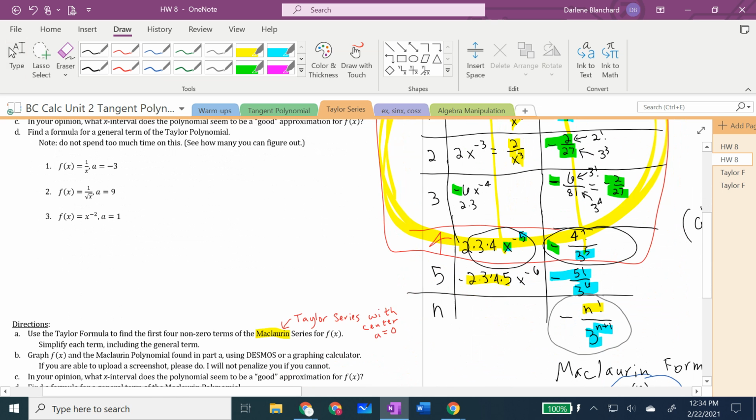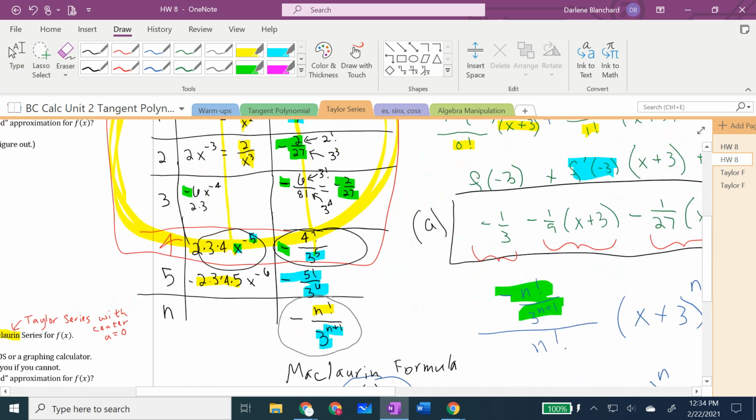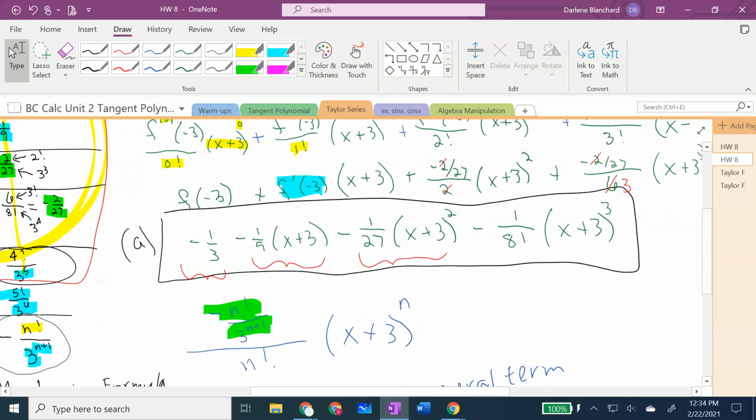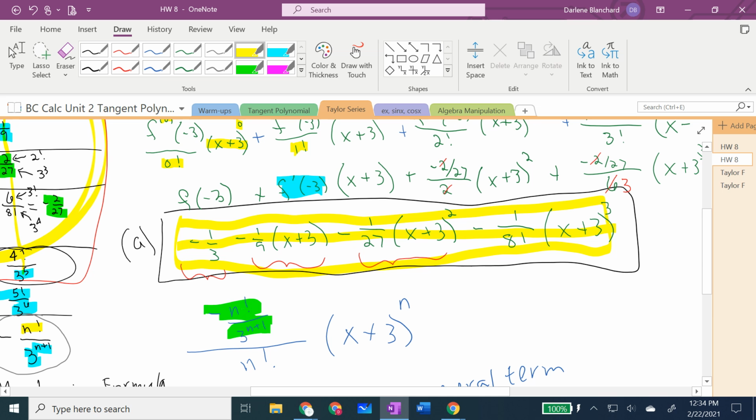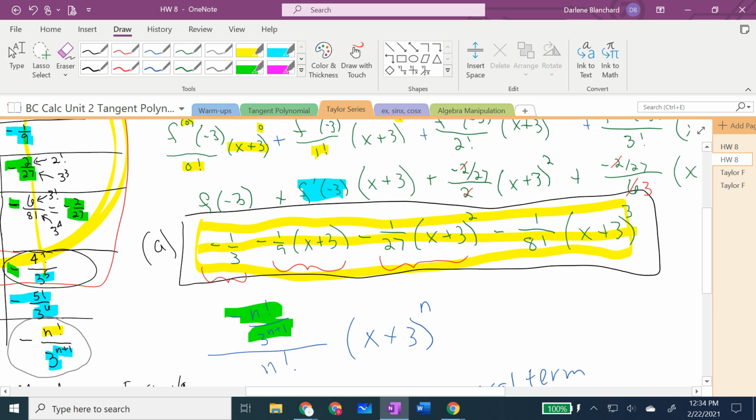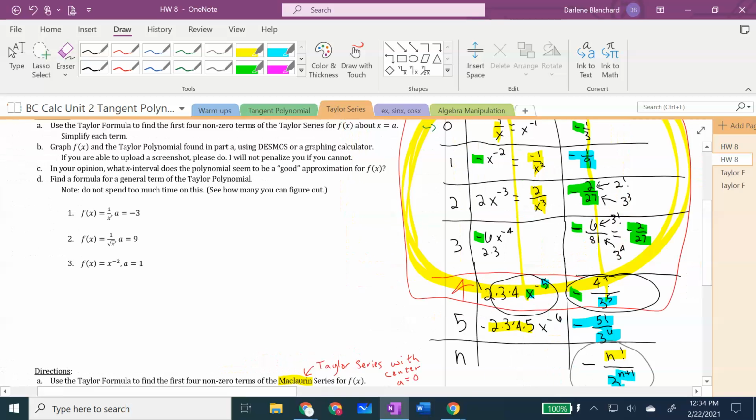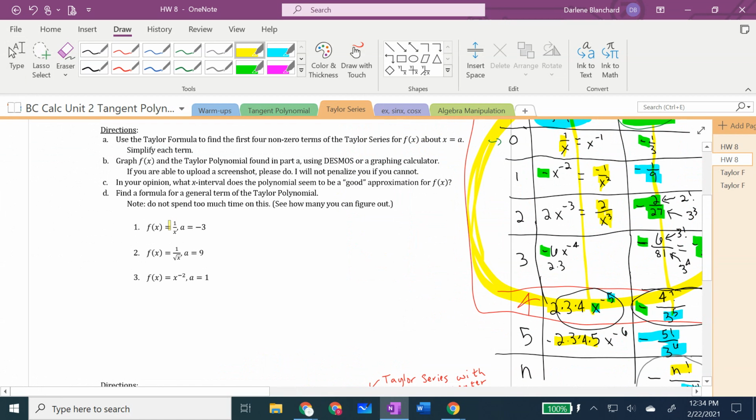And then through that, you write out the first 4 non-zero terms. And this would be the final answer that I'll be looking for in the quiz. So this is just checking to see, do you know how to, from scratch, take a function at a given center and find the Taylor formula that represents it.